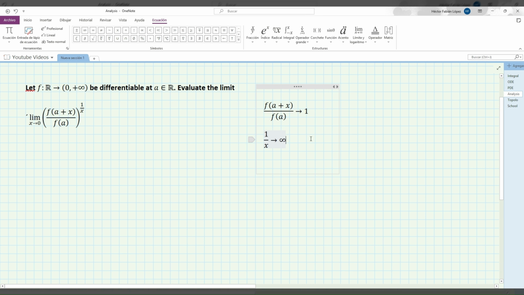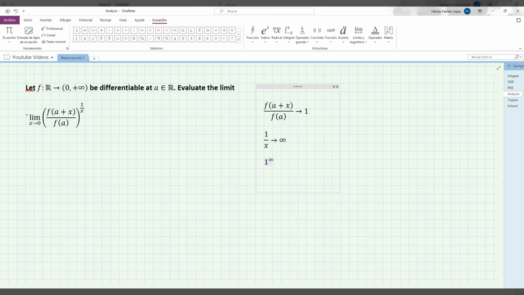Why? Because 1 over values so close to 0 approaches infinity. You can do this limit by yourself. Then what happened? It implies we will have 1 to the infinity.